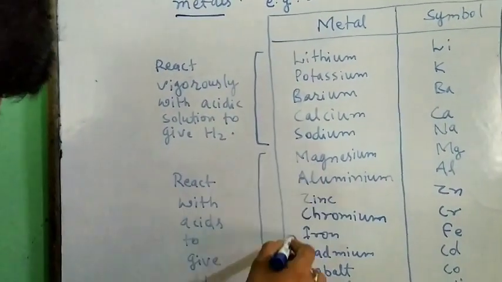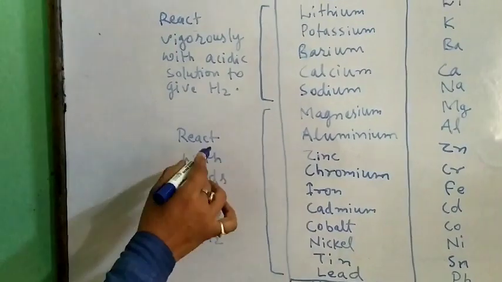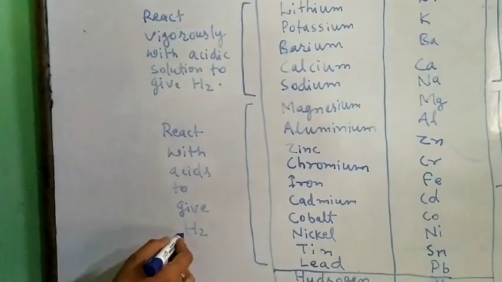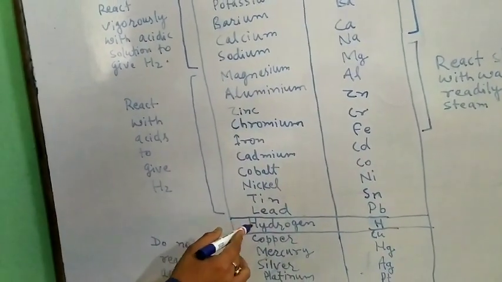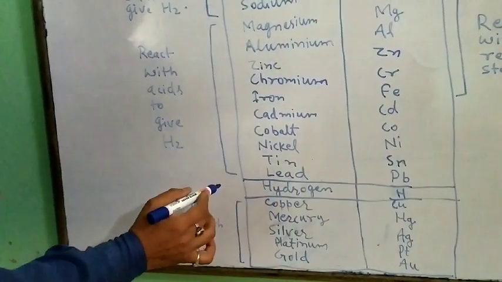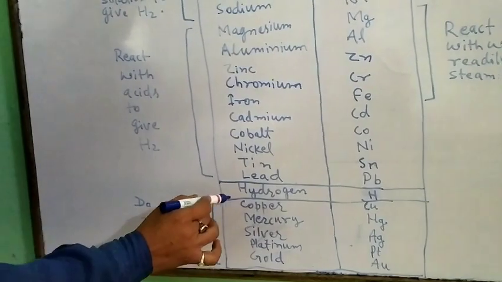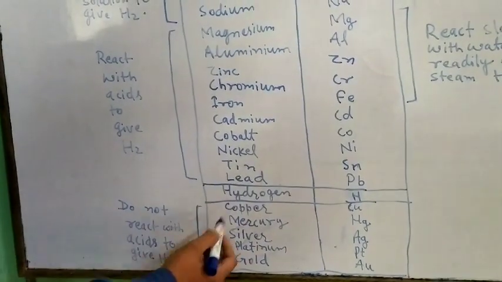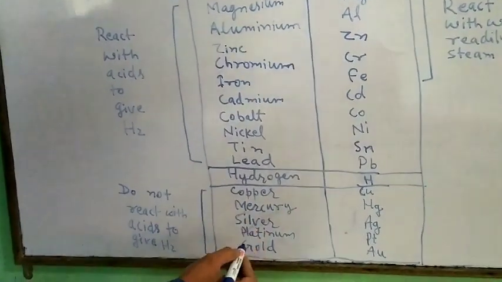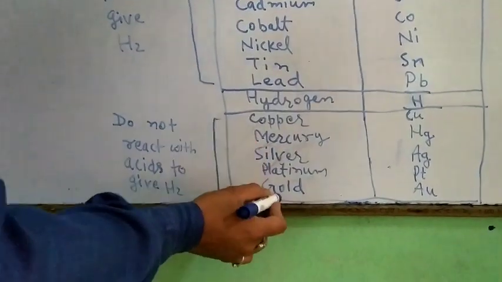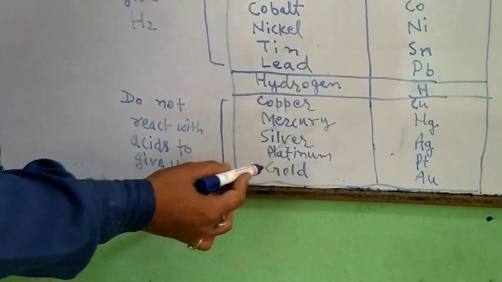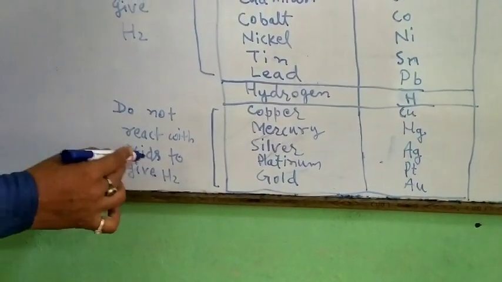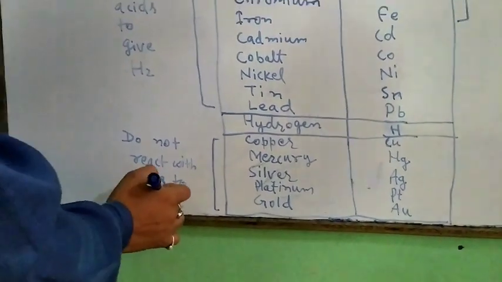Hydrogen does not react with acids, and below hydrogen, the least reactive elements like copper, mercury, silver, platinum and gold do not react with acids to give hydrogen.